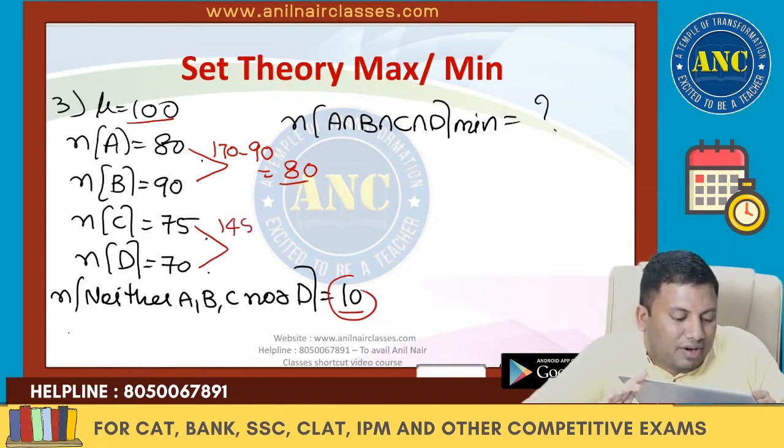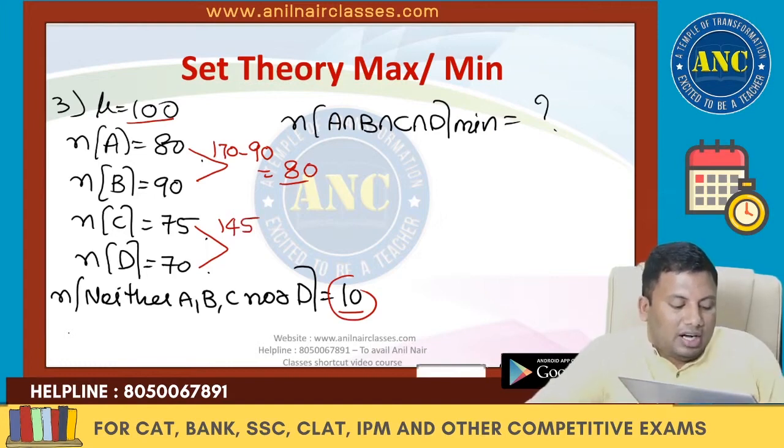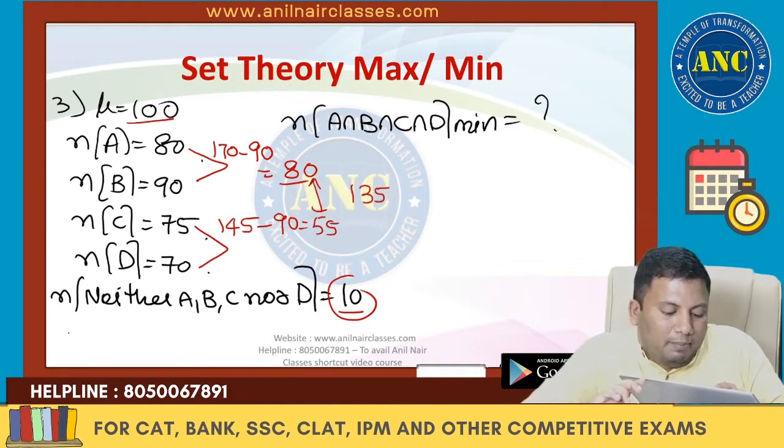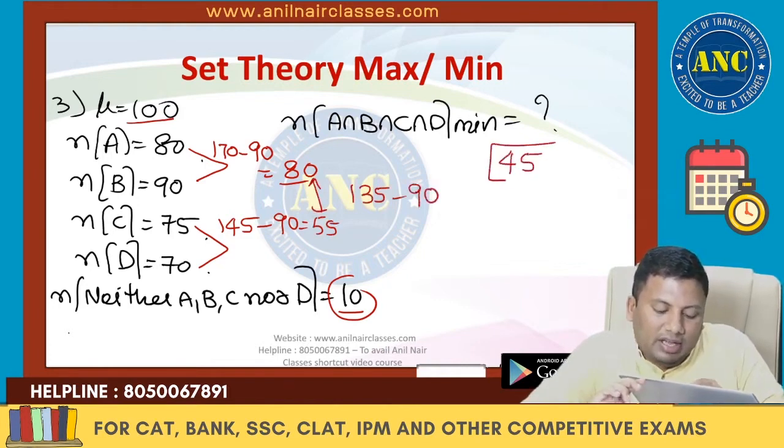Separation will give you 145, because neither A, B, C nor D is 10. So 145 minus 90 is nothing but 55. 80 with 55, 135. Base is nothing but 90. Answer is nothing but 45.